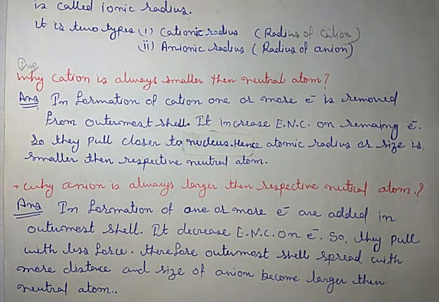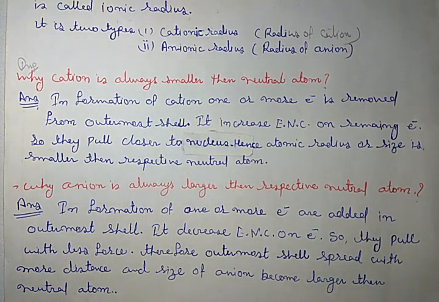So the removal of electrons from the outermost shell increases the effective nuclear charge on the remaining electrons. So they are pulled closer to the nucleus because of the greater force. Hence the atomic radius or size becomes smaller than the respective neutral atom.